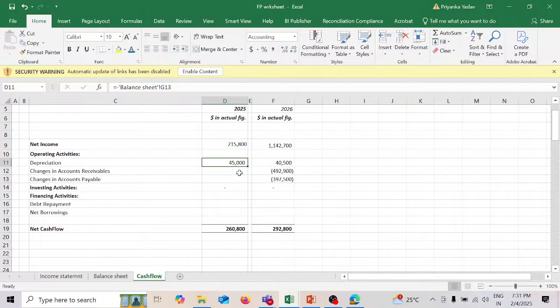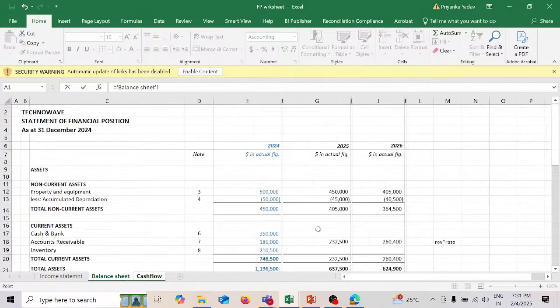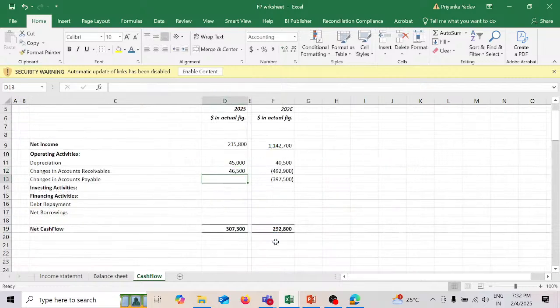Now here we'll find changes in accounts receivable. This will pick up from the balance sheet, and will be the difference of the prior year and this year's accounts receivable. We'll go to the balance sheet. This year's closing balance minus last year, so this will provide you the figure for your cash flow statement.